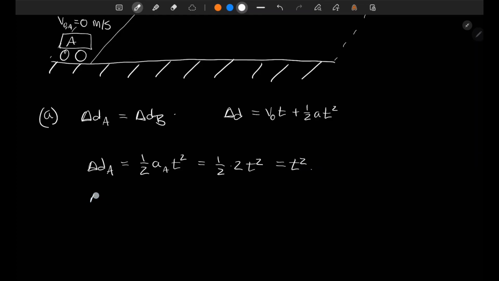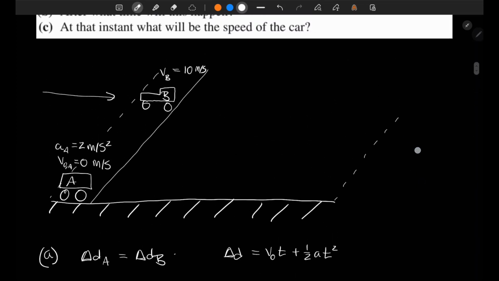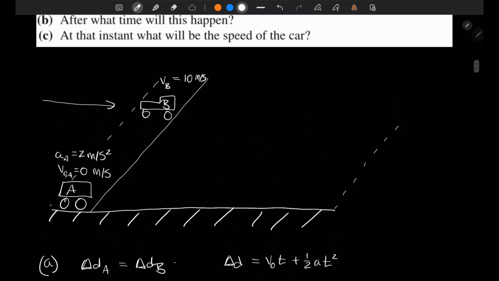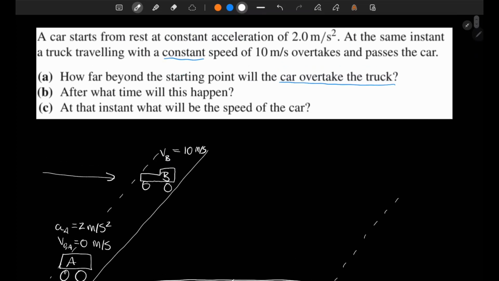Okay? And then for delta D sub B, if we look up here, we're given a constant velocity. It says it's a constant speed that the truck travels at. What that means is that A sub B is equal to 0, because the acceleration is the change in velocity over time, or the derivative of velocity with respect to time.